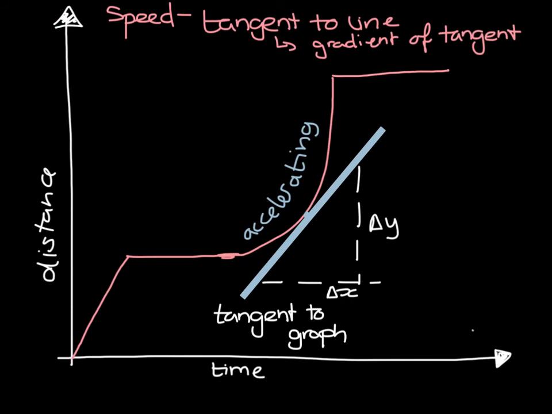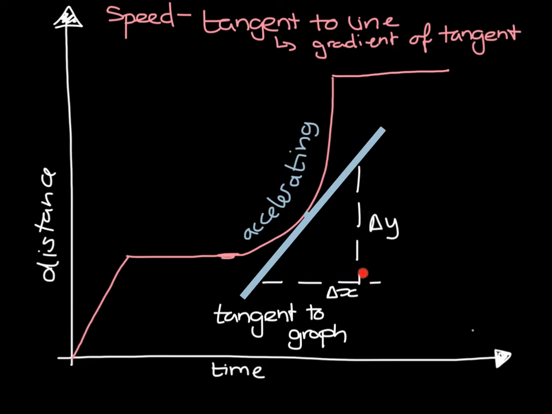Now in some situations you might be asked to find the speed from a distance time graph, but for a section that isn't a straight line. So here we've got an example. So I've sketched a graph and I want to find the speed at this point on the distance time graph, but that's a curve, so I can't find the gradient of the curve. But what I can do is draw a tangent to the line here, and I can then find the gradient of that tangent just as I did before.